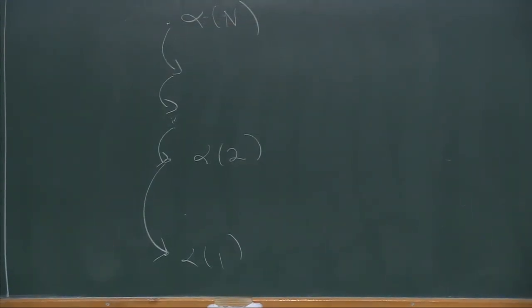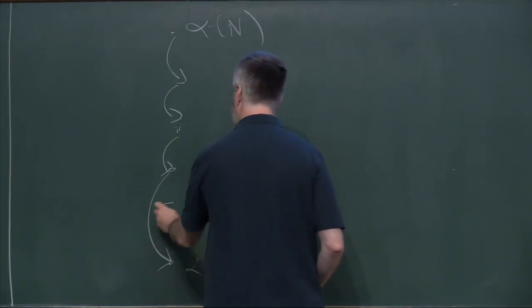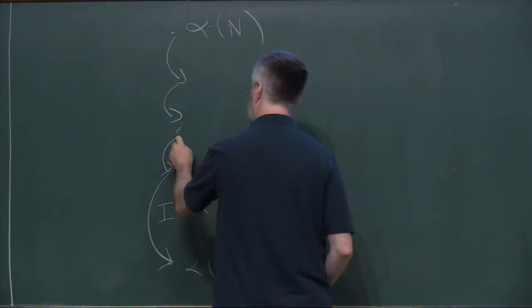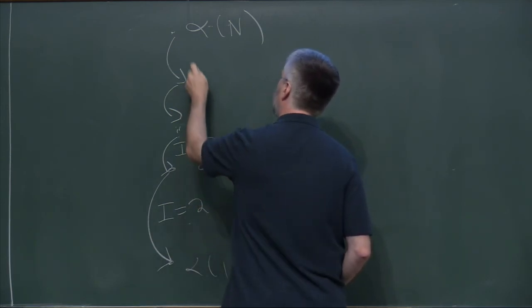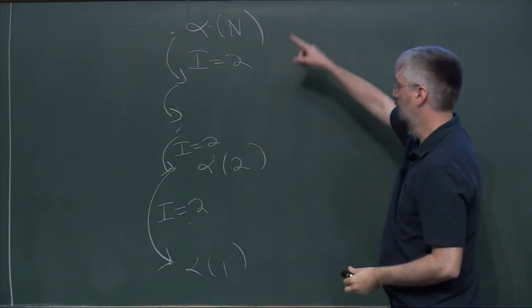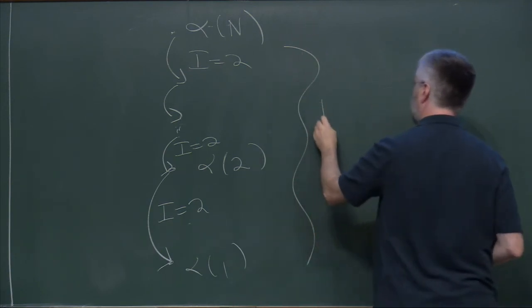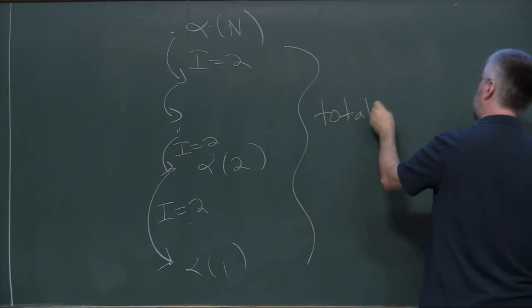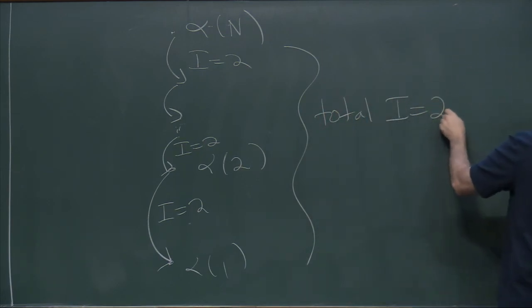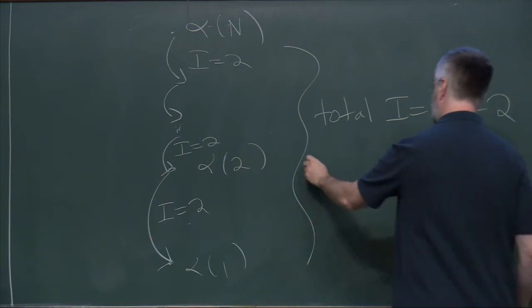Now, each of these holomorphic curves has grading difference I equals 2. So the total of I in this whole chain is 2n minus 2. Now, you could then say, what about the total j, the total j0?